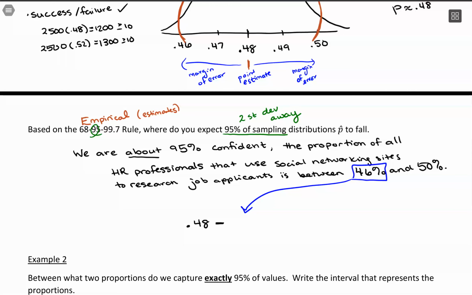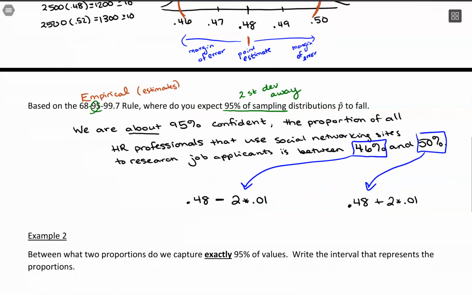So what I took there was 2 times 0.01. So that's really the calculation we did to get to that 0.46, so that 46%: we took our point estimate and subtracted margin of error, which is made up of 2 of those standard errors. Similarly, for 50%, we had our point estimate, that 0.48, and then we added margin of error, which was 2 of those standard errors.